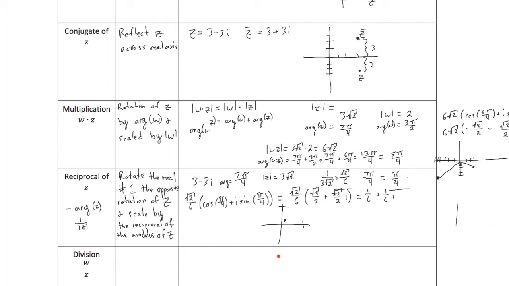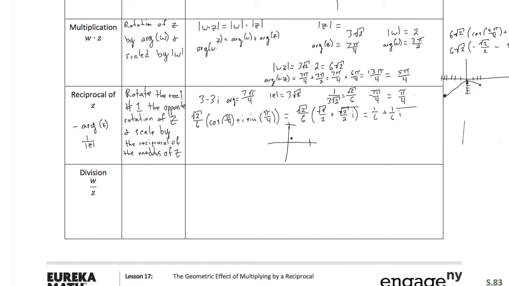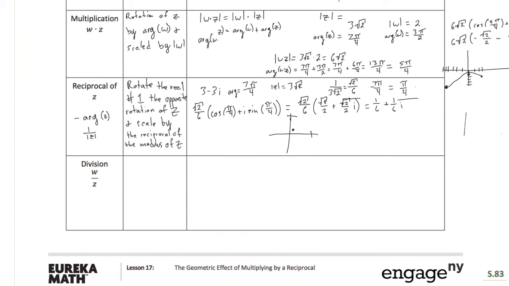Okay. So last one, division, W over Z. And this variant, we're just basically going to be putting together these two ideas.